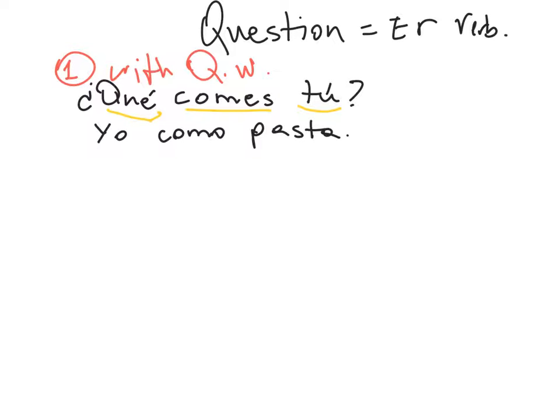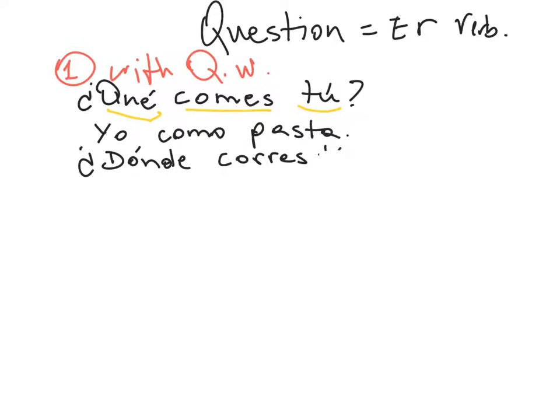So now I can use another question word here. I can ask, for example, the word dónde. Dónde means where. ¿Dónde corres tú? Or I can switch this name and I can add somebody else's name.